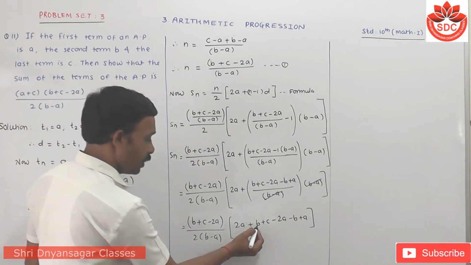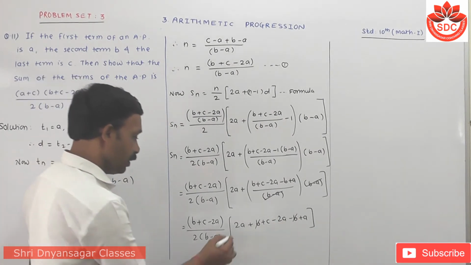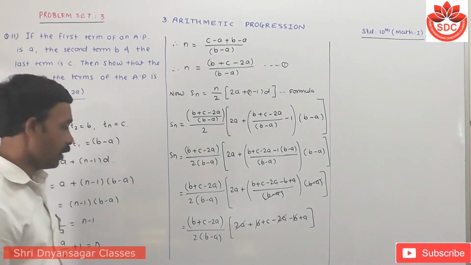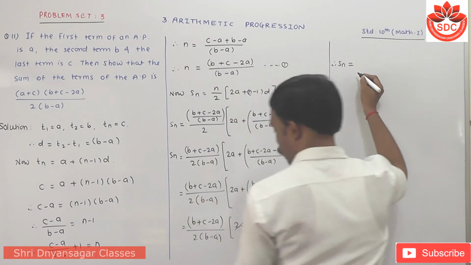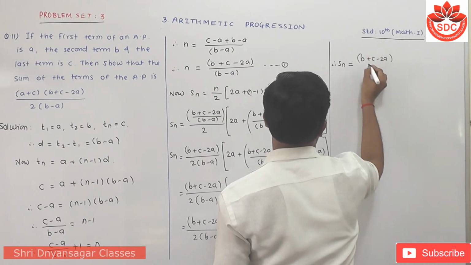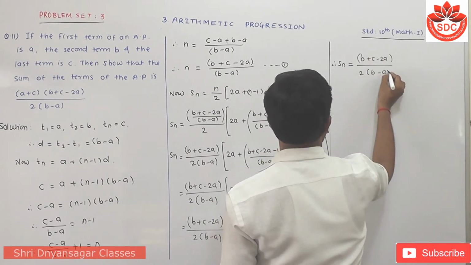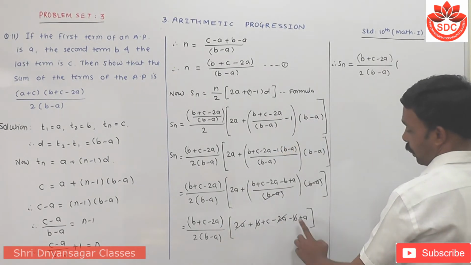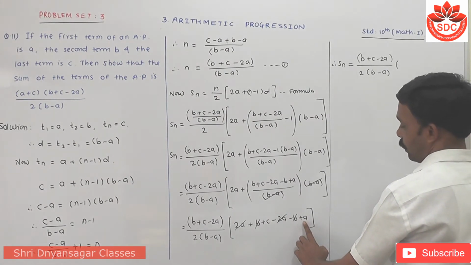Look carefully, this plus b and minus b cancel here. Student, this 2a and minus 2a also cancel. Means that our remainder is (b + c − 2a) upon 2(b − a) into the remaining c + a, and c + a I write as a + c.